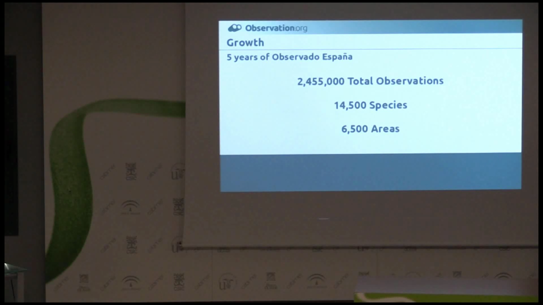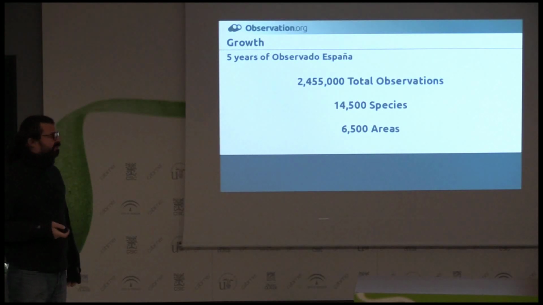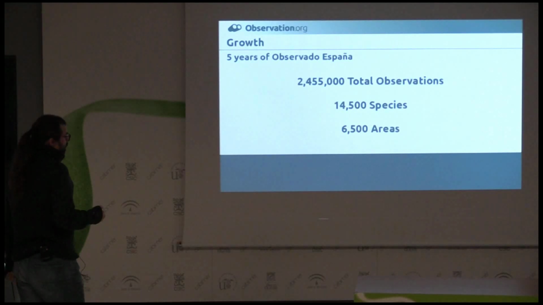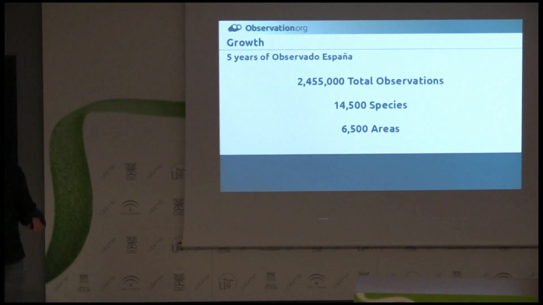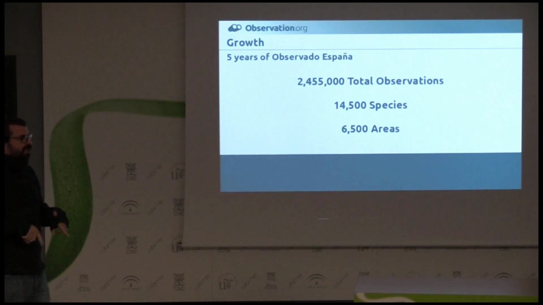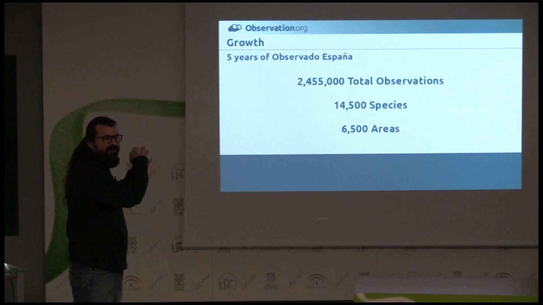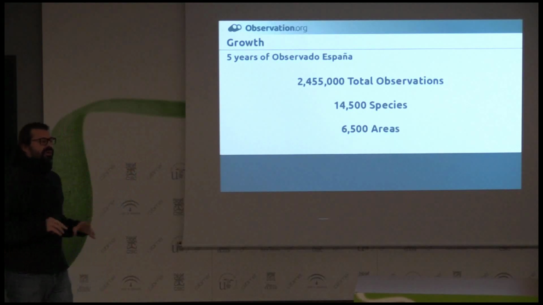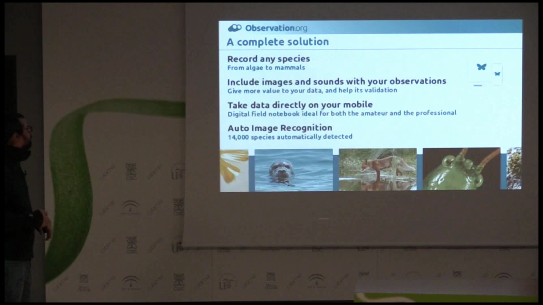In these 5 years working here, we have reached almost 2 million observations, 14,500 species, and we have collected information in 6,500 areas, because we have our database structured geographically, so we can identify the number of areas that have been sampled.